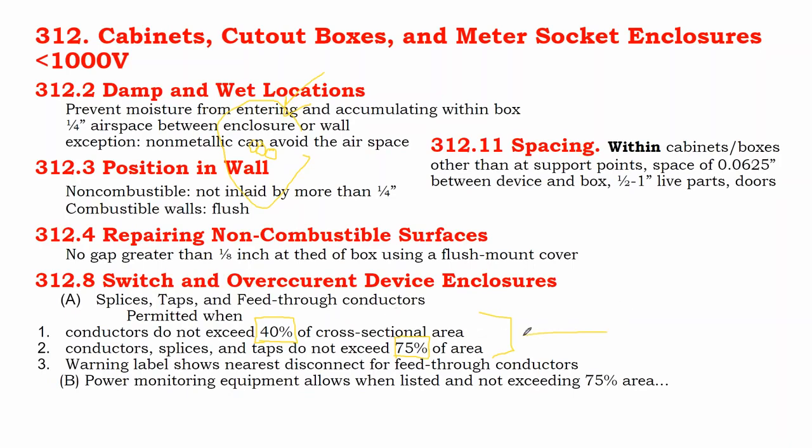There may be some more specific rules, but the general rule is, as long as you're not exceeding 75% of the cross-sectional area of that box, one dimension or another, then you're going to be fine. But then on top of that, you want to make sure that you're keeping live parts away from the door.